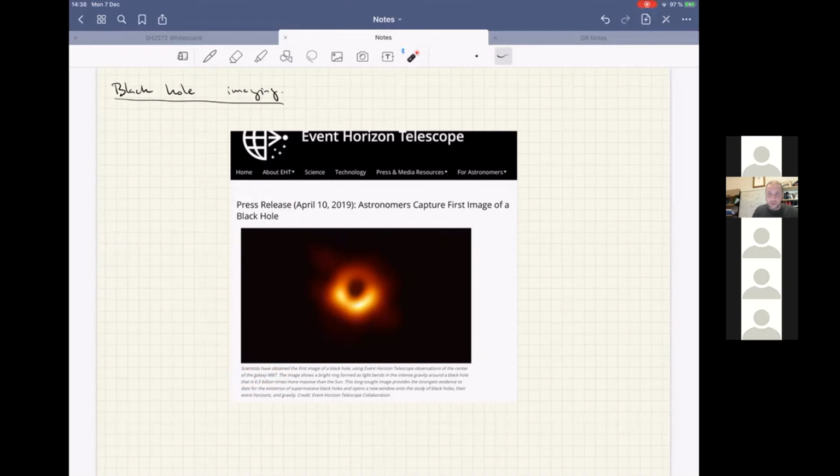That has a supermassive black hole in its center. And this is then the first image taken of a black hole. So what you see here is essentially the central black disk, and it's surrounded here by an accretion disk that's emitting a lot of gamma rays, essentially.